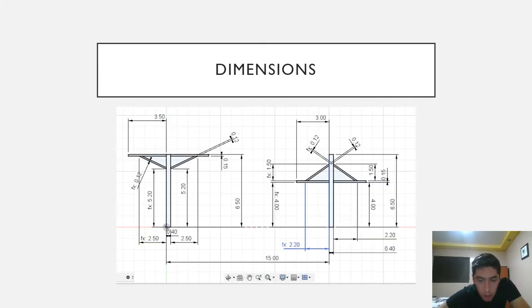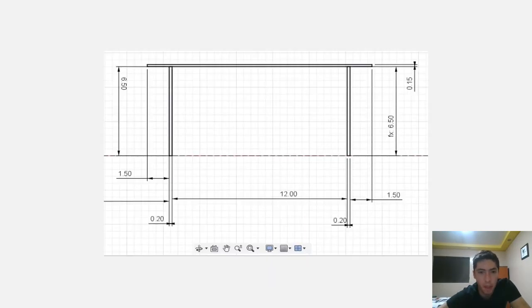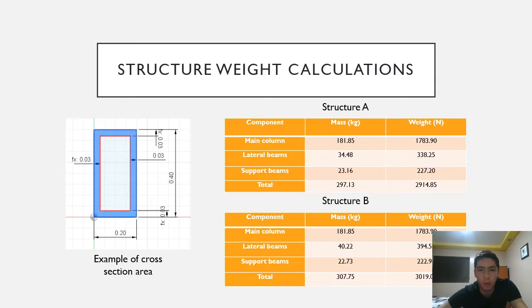These are the dimensions for the structures. Fusion 360 was used here because it makes it a lot easier. This is the dimensions for the lateral view. Okay, so to determine the weight of the structure, I took the cross-sectional area of each of the beams and multiplied it by the length and by the density of steel, which we saw in the previous slide, with some other details regarding the geometry, but that's not very relevant.